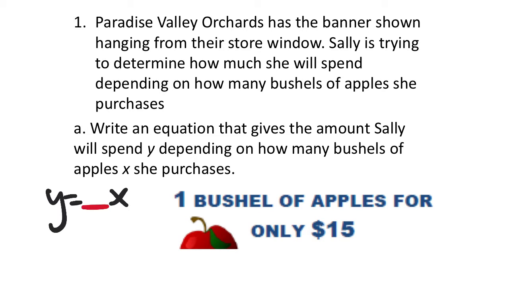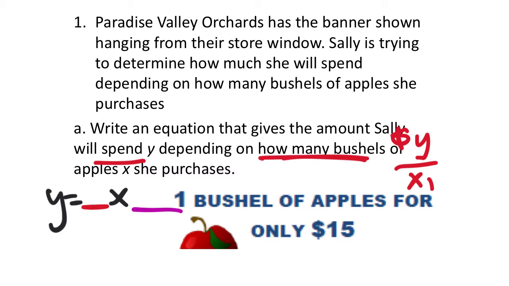We just got to fill in these blanks right here. So if we can find the rate of change, and in this case, it's actually a unit rate. But here's what we know. Remember, it's always written as y over x like this. And they said y is dollars spent, and x, that's how many bushels she purchases. So I'm just going to write bushels here.